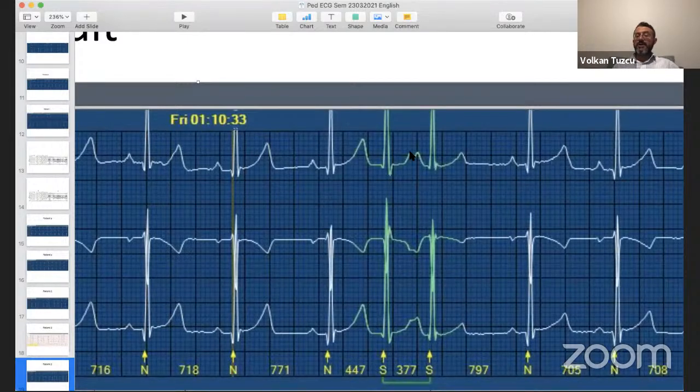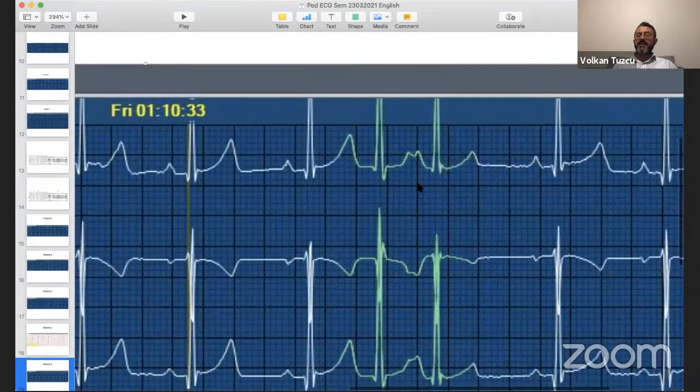As long as this QRS doesn't have retrograde conduction, yes, it's a PVC, but the atrium doesn't know what's going on in the ventricle. So the sinus comes at the expected time. When you put a caliper, you will see, and the next one is also at the expected time. So there's no PAC here.